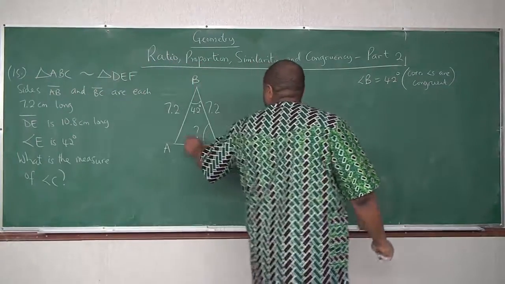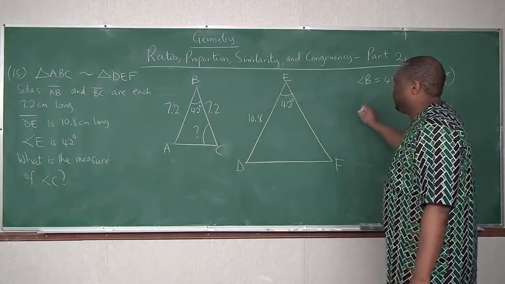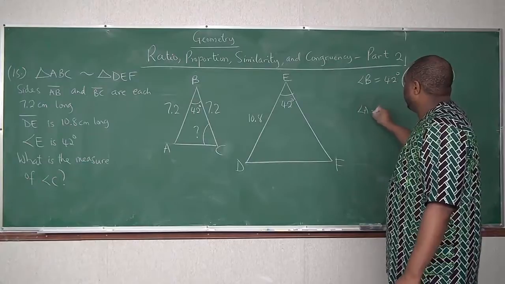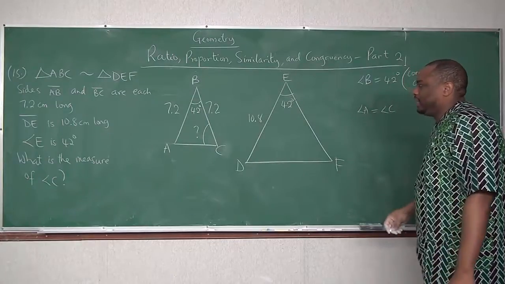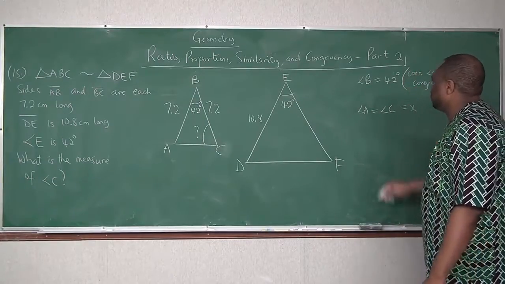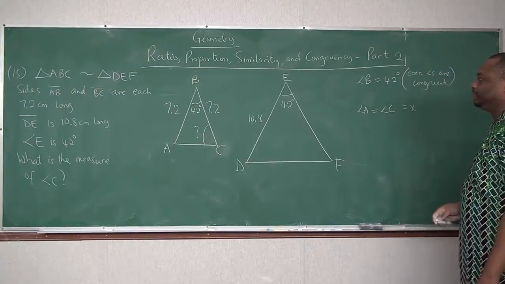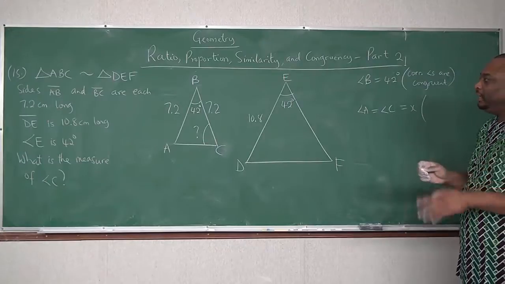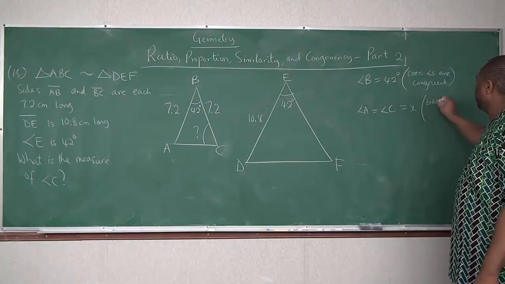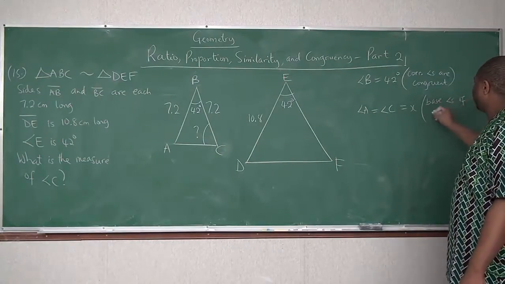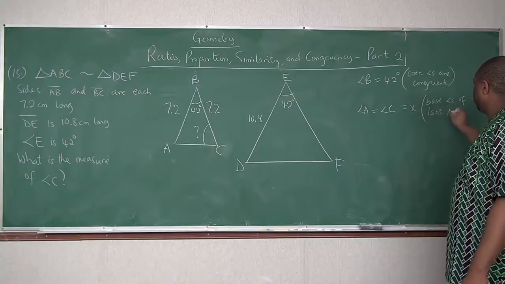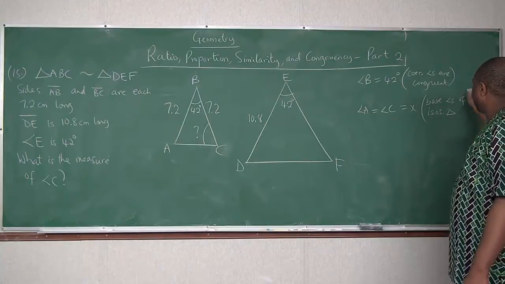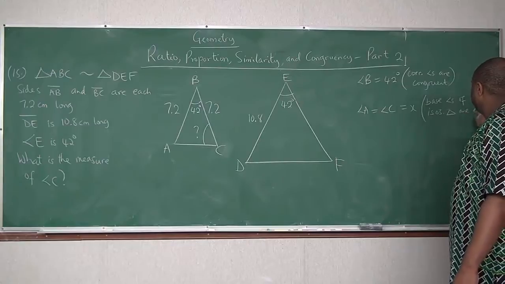Now, you see angle A is equal to angle C. Let's call it X. Reason: these are the base angles of an isosceles triangle, and they are equal.